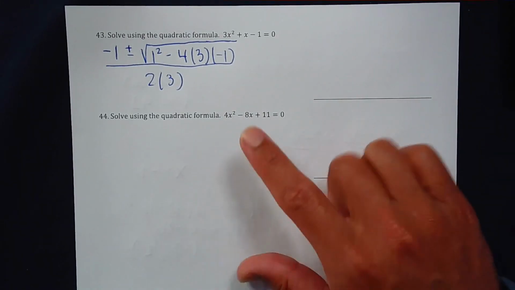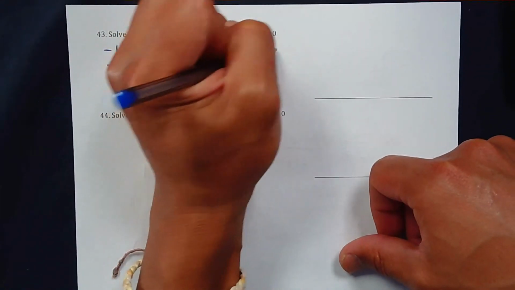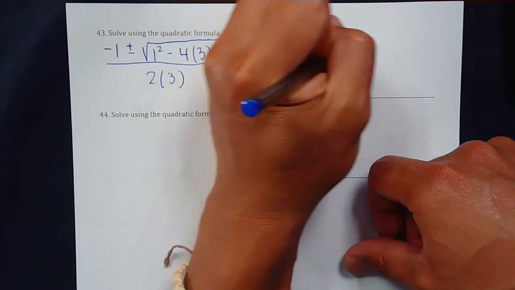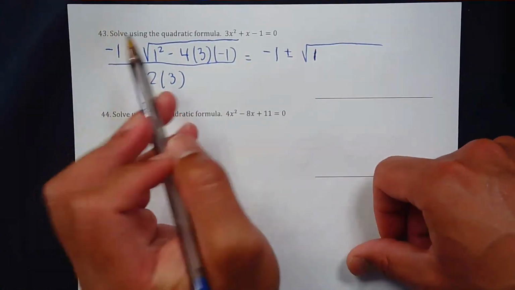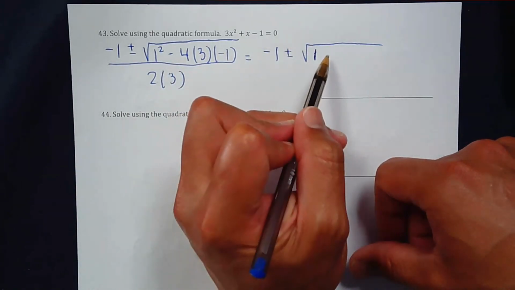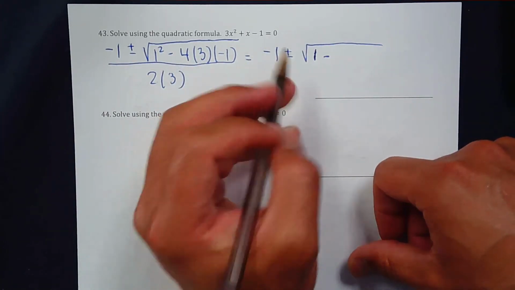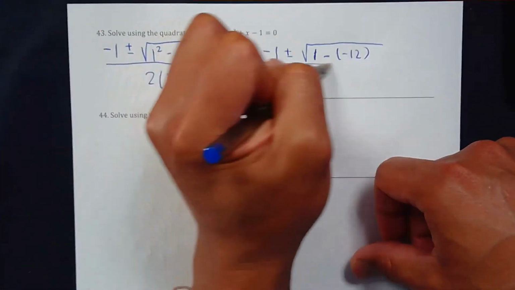All right, so we simplify our radical first. We have -1 plus or minus the square root of, well, that's going to be 1. 1 squared is still 1. Let's see, minus 4 times 3 times -1, that gives us -12, all divided by 6.